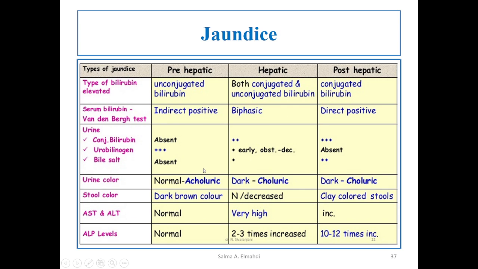In post-hepatic, they can be increased as well. However, mostly the increase will be in alkaline phosphatase levels because alkaline phosphatase is mostly related to obstructive hepatic conditions because of the anatomical position of the enzyme itself.